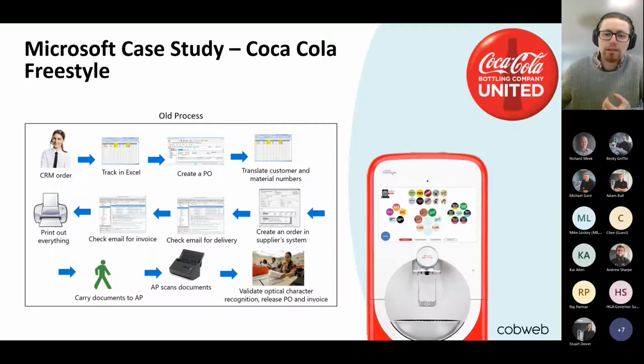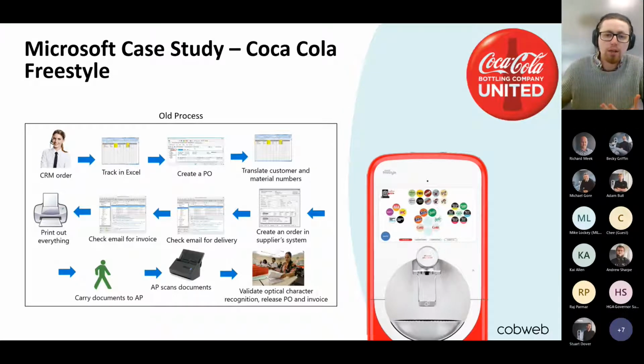Discovering Power Automate assisted Coca-Cola United with this challenge. Leveraging Power Automate robotic process automation, Coca-Cola were able to advance their strategic Freestyle initiative with process automation that directly matches the individuality and innovation that the Freestyle product represents.